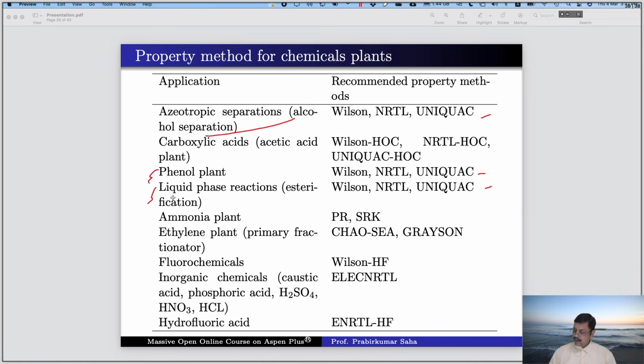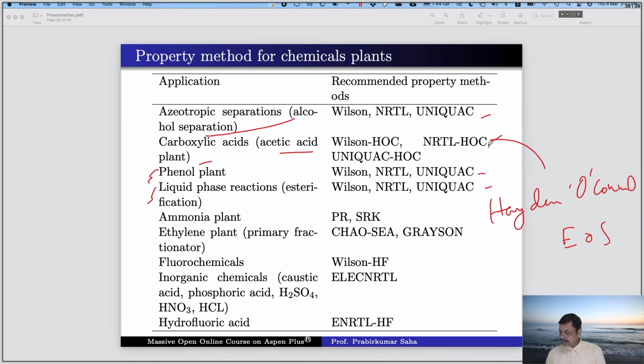And if you have carboxylic acid for acetic acid plant, we have to use Hayden-O'Connell equation of state method to add with Wilson NRTL or UNIFAC. For ammonia plant, you can use Peng-Robinson or SRK method. For fluorochemicals, you can use Wilson and HF. Ethylene plant, primary fractionator, again, you can use CHAO-SEA and Grayson.